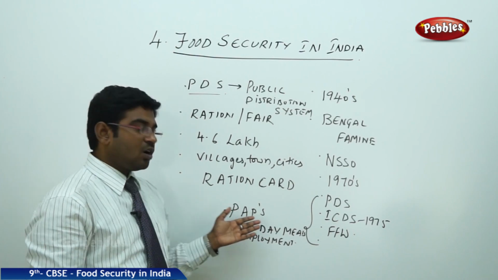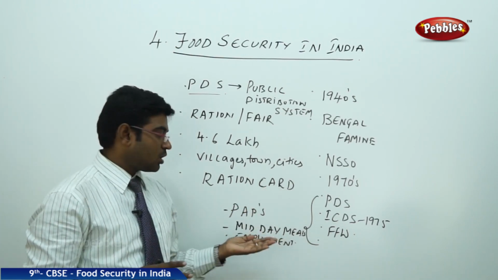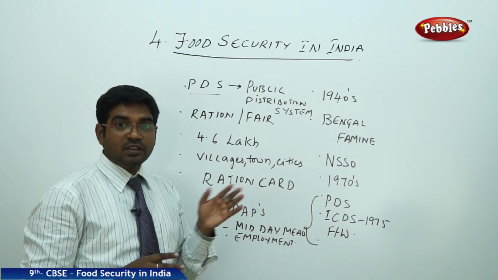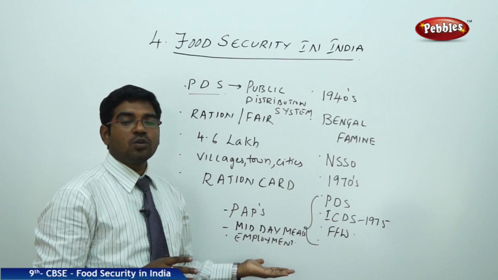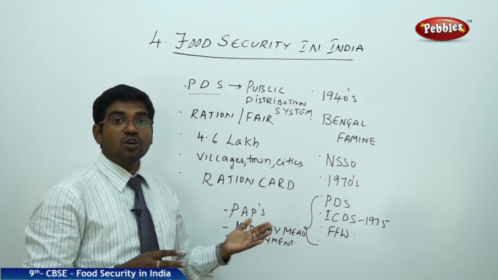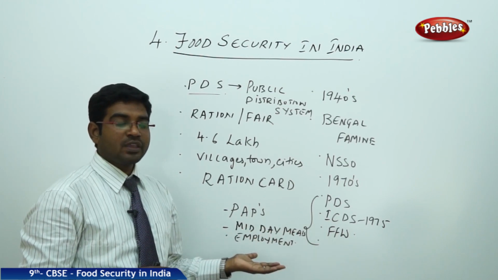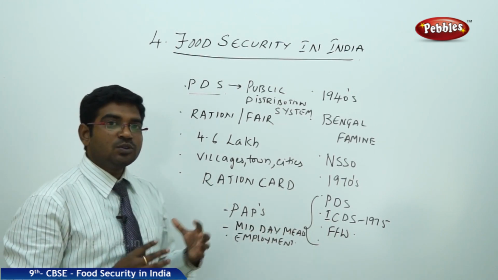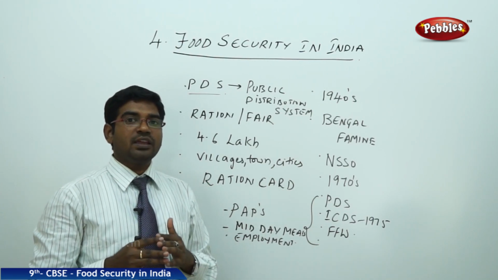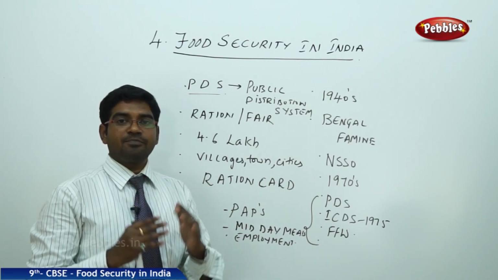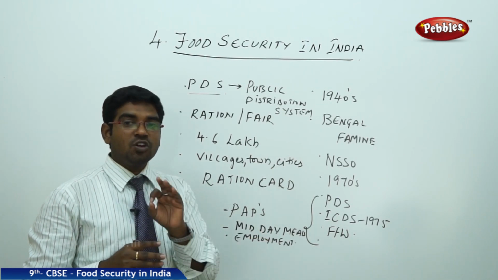These are all poverty alleviation programs, shortly known as PAPs. In this we also have the midday meal program, the National Rural Employment Guarantee Schemes, and the National Food for Work program. There are many programs to ensure that people below the poverty line get some employment and some food, so that they do not die due to starvation.